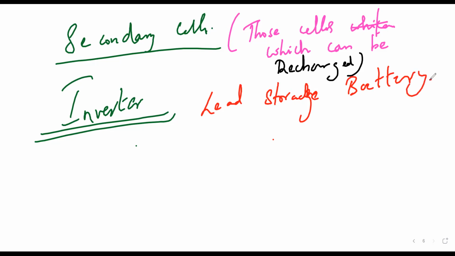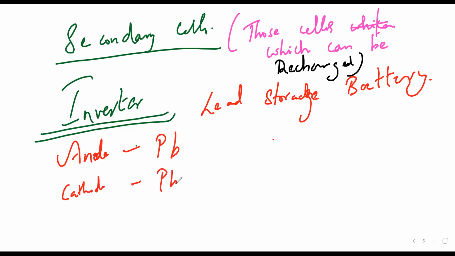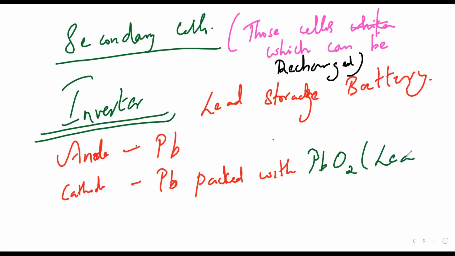So the anode is always lead, because this is a lead storage battery. No other thing is given. So the anode is lead, Pb, correct? And the cathode is just like the SHE: lead packed with lead dioxide, PbO2.